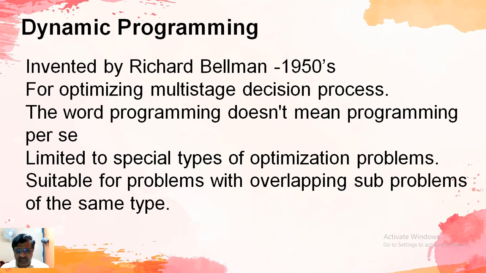That means every problem that can be dealt with under dynamic programming will have some kind of initial solution, and we will make use of these initial solutions to progress towards the solution for the whole problem. That is the idea of dynamic programming.